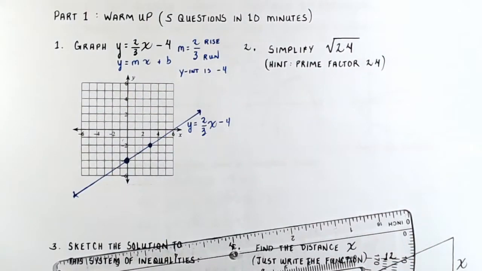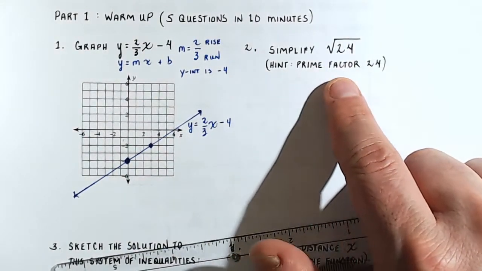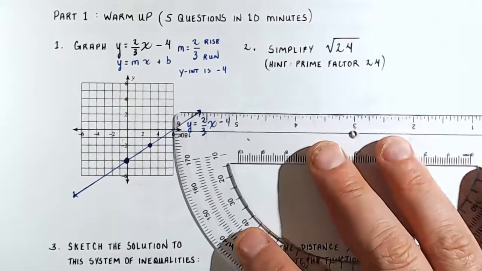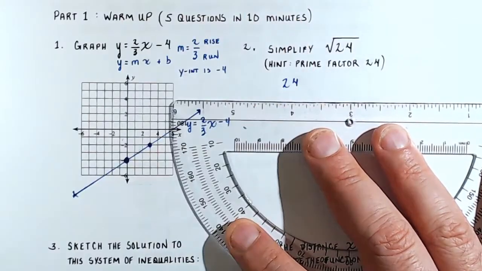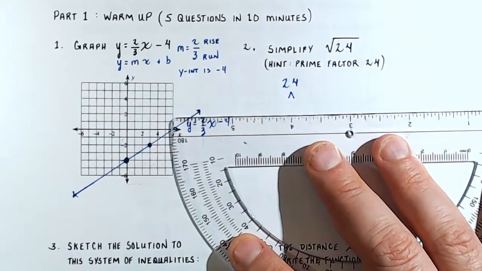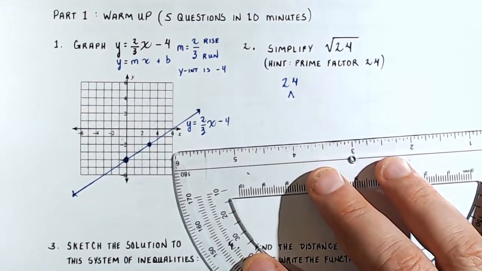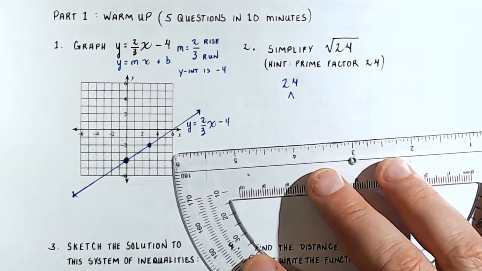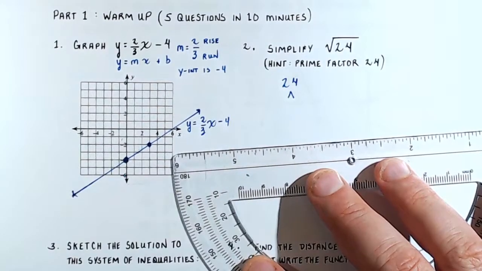Number 2, we're asked to simplify a radical expression. So we're given the square root of 24, and there's a hint here, prime factor 24. And that's exactly what we need to do. The very first thing we need to do is write down 24 just like this here, and then draw a little branching tree beneath it. Now what I'm looking for is the smallest prime number that 24 can divide evenly into.